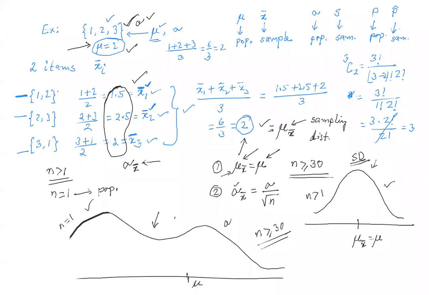But if you make your sample size bigger than or equal to 30, sampling distribution is always bell-shaped with a mean of mu. Okay, mu sub x bar is mu, which means the mean of this sampling distribution is the same as the mean of the population, which is this. And standard deviation sigma sub x bar is sigma over square root of n, which is this.